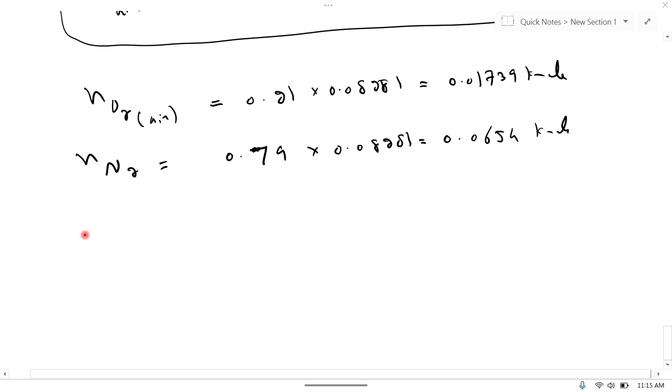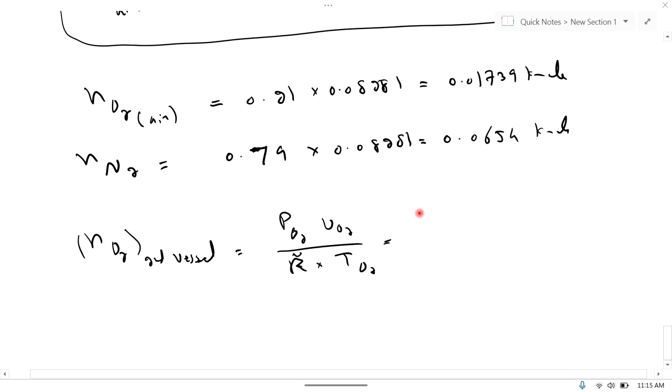And the number of moles of oxygen in the first vessel. This is the number of moles of oxygen in the second vessel. In the second vessel, it is equal to PV divided by R'T, where R' is the universal gas constant, and T is the temperature for oxygen.